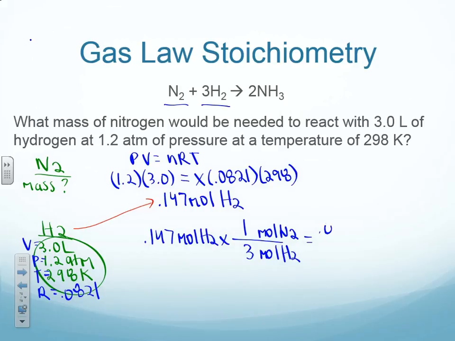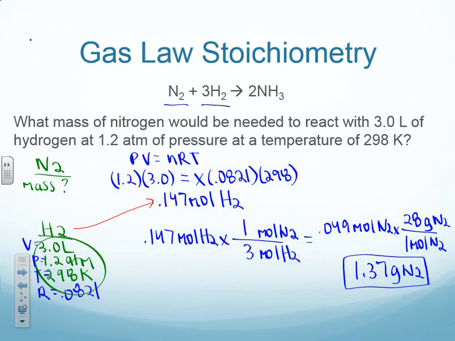And I got 0.049 moles of nitrogen. Okay, now that I have moles of nitrogen, I can find the mass of nitrogen. So molar mass is always 1 mole. And I would go to the periodic table to find the mass. It's 28 grams nitrogen. And I got, let's call it 1.37 grams of nitrogen.